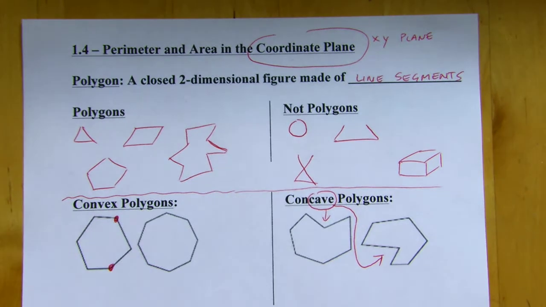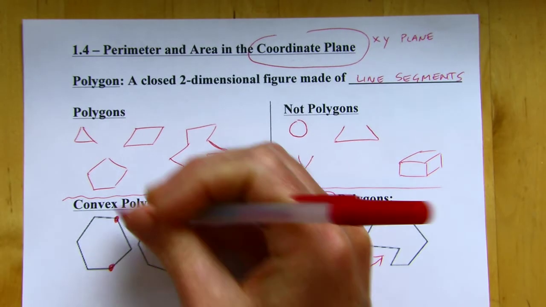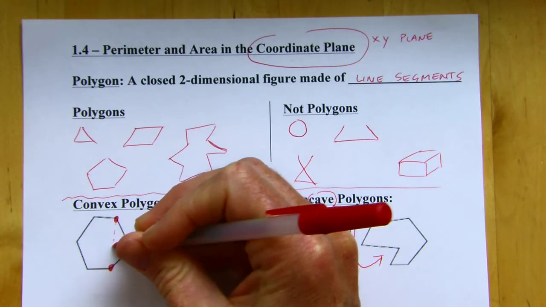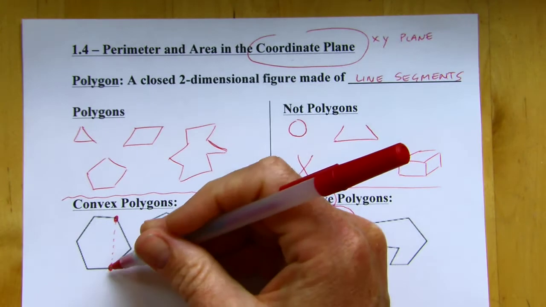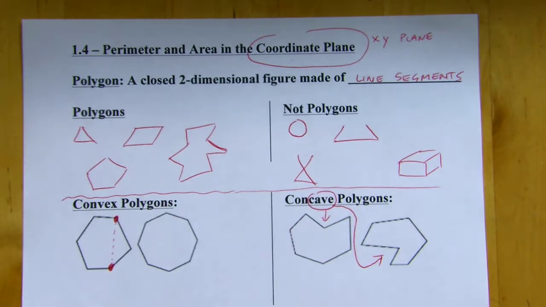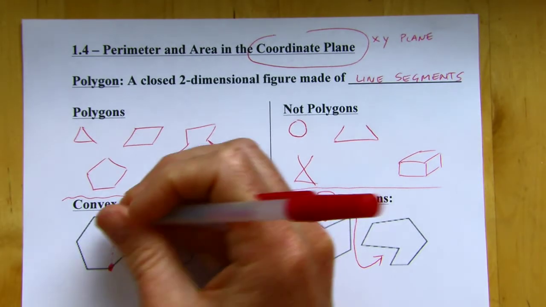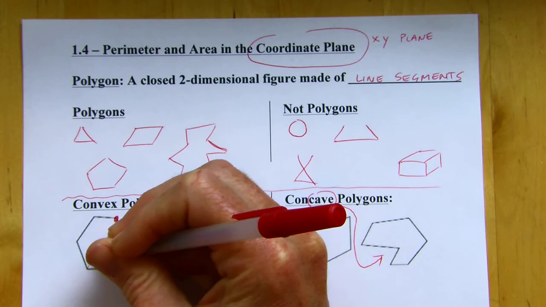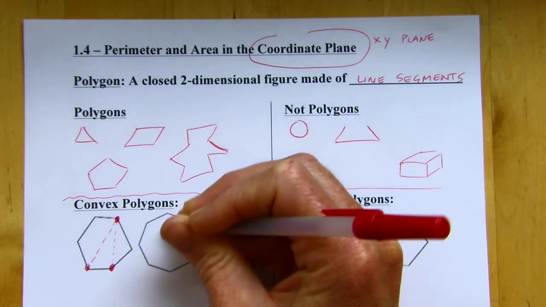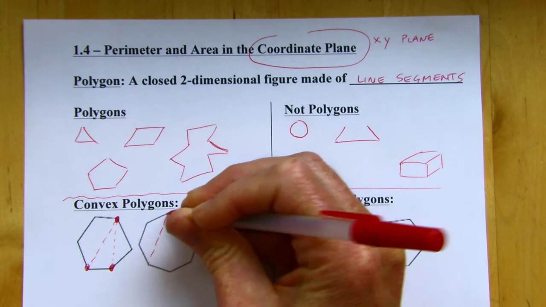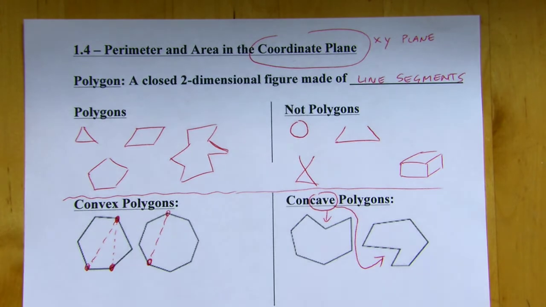So those are non-adjacent corners, vertices. So if you attach those, there's a diagonal. I'm not going to draw in all of the diagonals, but no matter where I draw a diagonal in this figure, it's always inside. Same thing over here. Connect any two corners that aren't next to each other, you'll end up with a line segment that's inside.